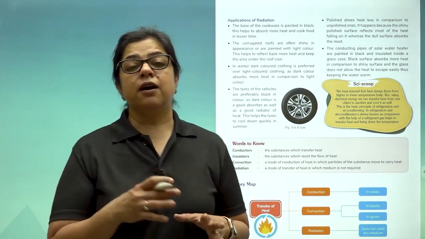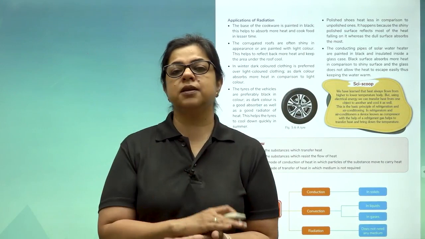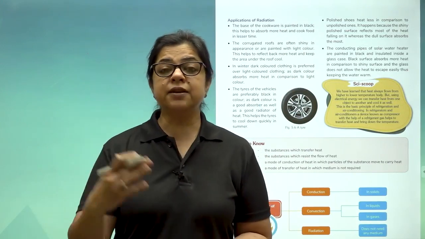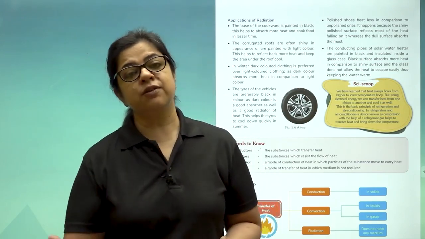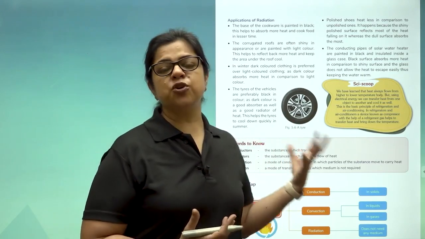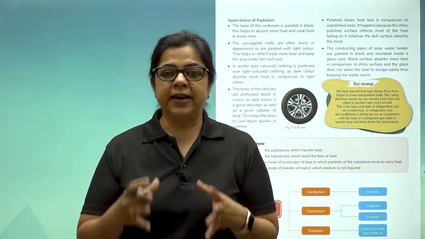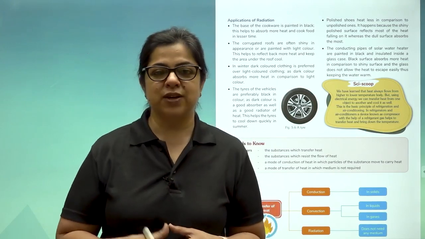So children, a few major principles: dark colors absorb heat, light colors reflect heat. Dull surfaces will absorb heat, shiny surfaces will reflect heat. If we understand all these principles in our daily life, we will be able to create a situation where heat does not trouble us much, right?